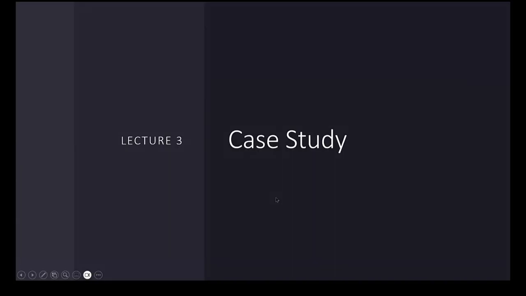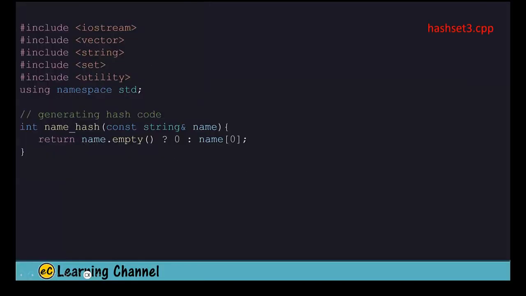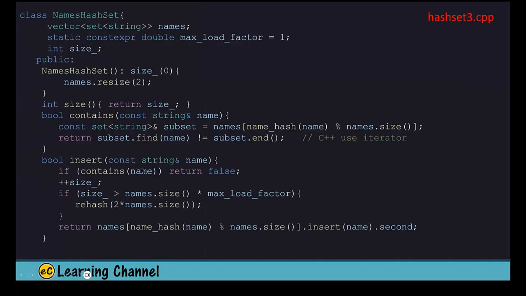So here we have a case study. You can download this code from the internet. We give you the CS45 course hash table, you can download it. The whole code is right here.